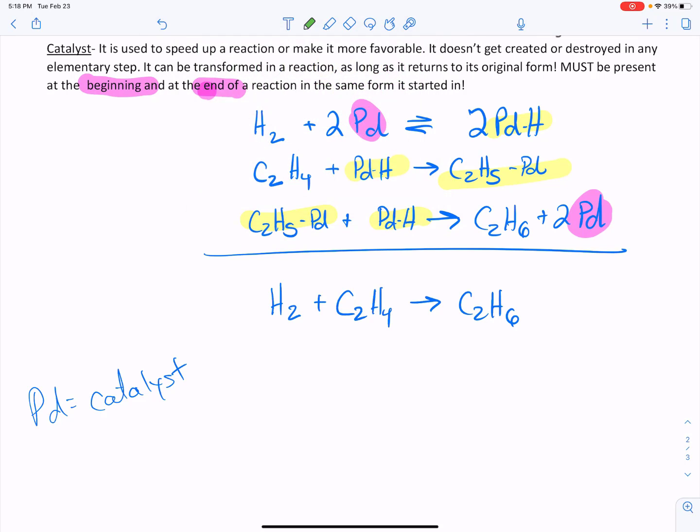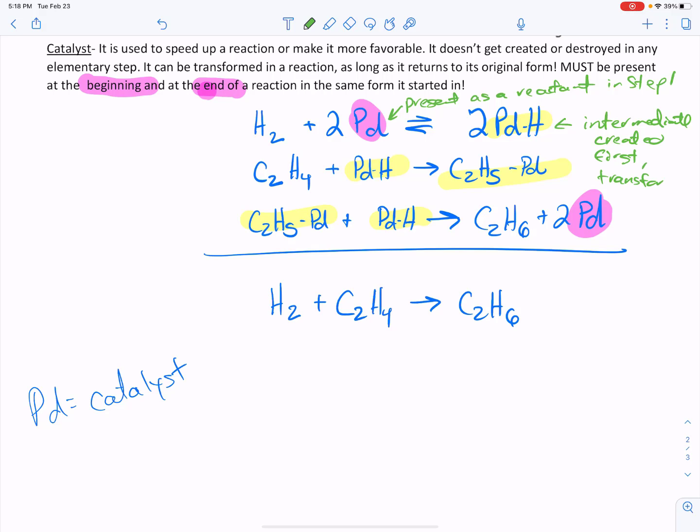And so notice my catalyst is present as a reactant in step 1, whereas my intermediate was created first and then transformed second.